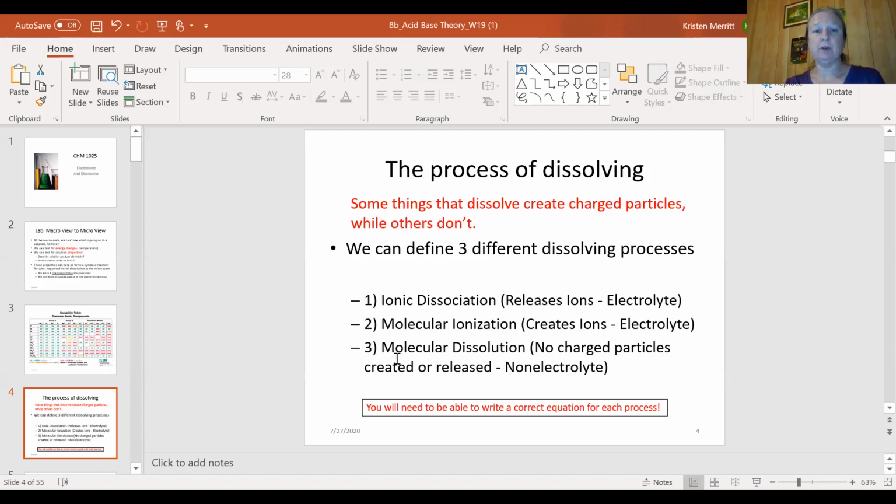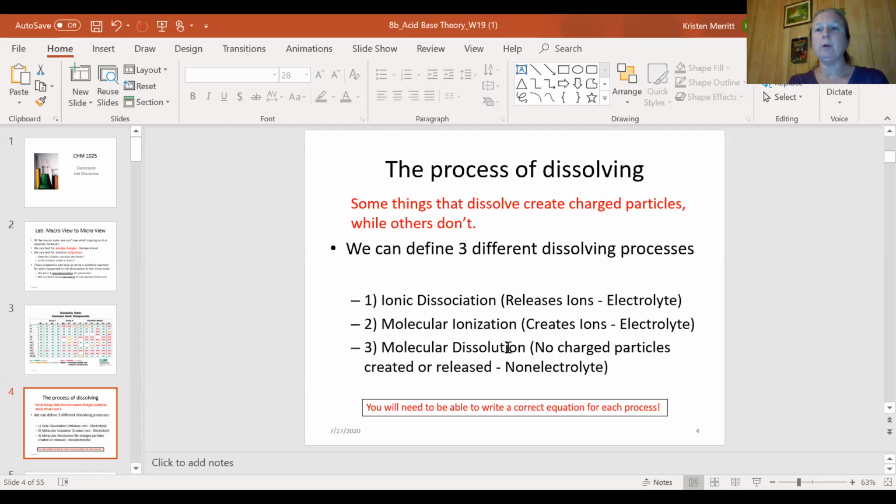Molecular dissolution, and this really should be in the middle, is still dissolving. Okay, that's what dissolution means, but it's a molecule. It's a covalent molecule. So when this happens, this is not going to break up into its constituent carbons and hydrogens and oxygens. It will stay as a single molecule.